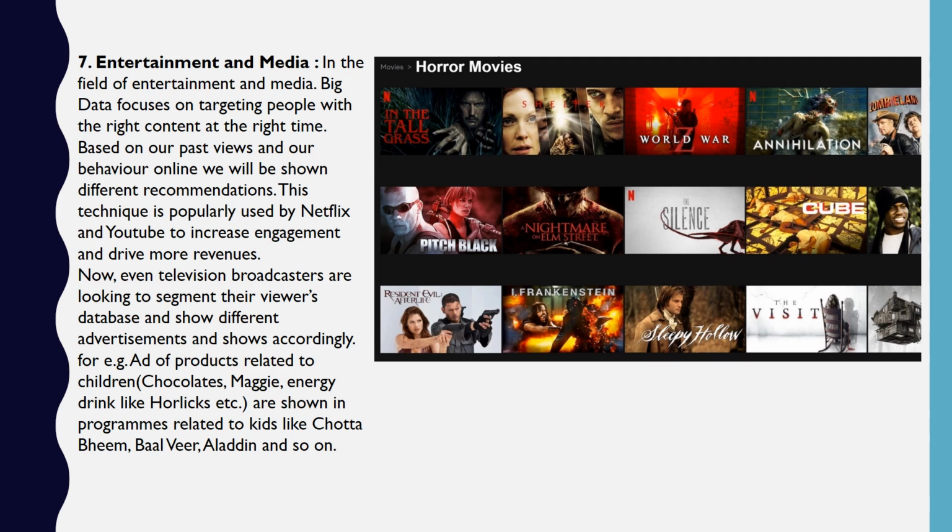For example, if a person has viewed a couple of horror movies on Netflix from start to end, Netflix will come to know that the viewer is interested in horror movies. Accordingly, Netflix will recommend a few more horror movies. Hence, the viewer is pleased with his easy access and continues to be a customer, thus increasing Netflix revenue.